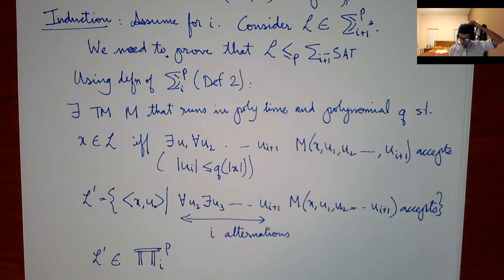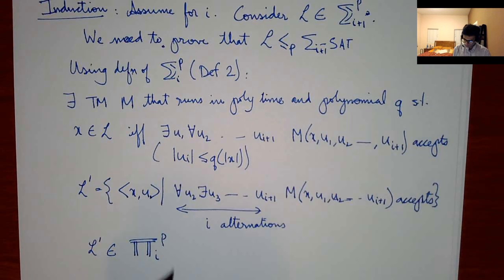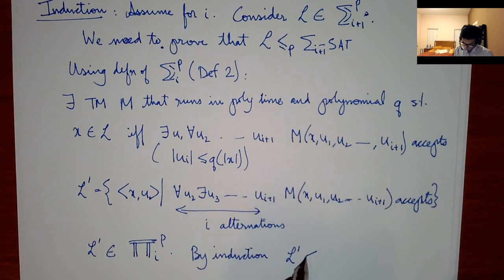So it's just saying that if you took the certificate and made that part of the input, it's like saying that all pairs such that for all u2 there exists a u3, and so forth, that language is going to be in pi I. And by induction, L prime reduces to pi I sat.